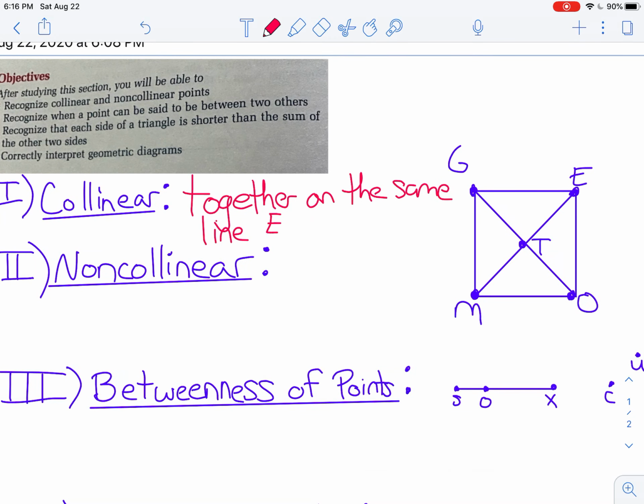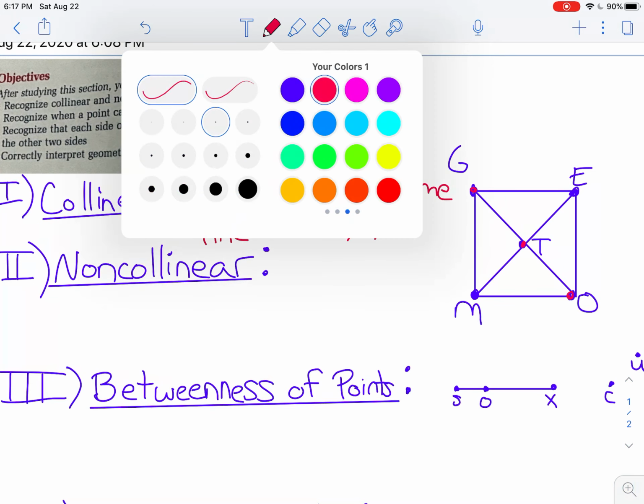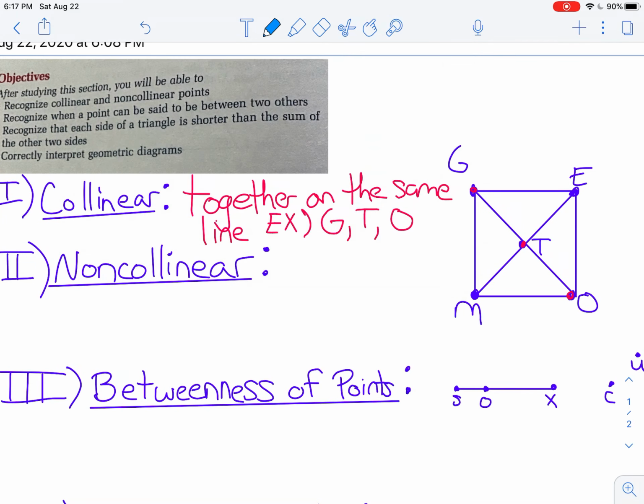So my example for that, if you look over to the side, point G, point T, and point O are collinear. They lie on the same line, all three of them. So I would say that those are collinear.